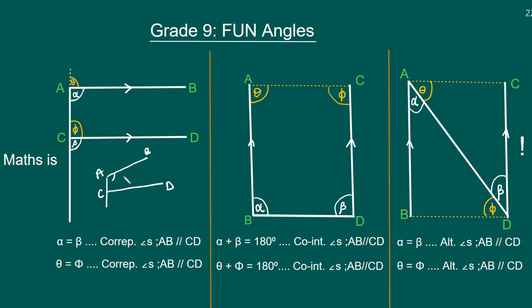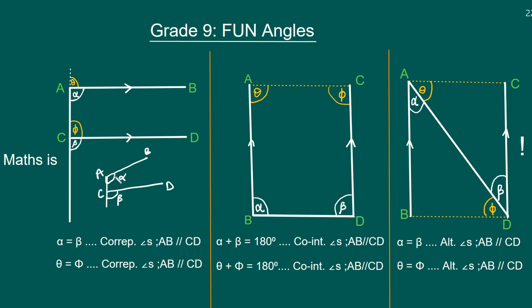Tell me guys, if I have an angle here, I'll call it alpha, and an angle here, I'll call it beta. By just looking at them, can you say those angles are equal? By just looking at them. Now I don't see them being equal. Because you can see this line here is slanted a bit far away from this one. And compared to this angle beta here, they are not equal.